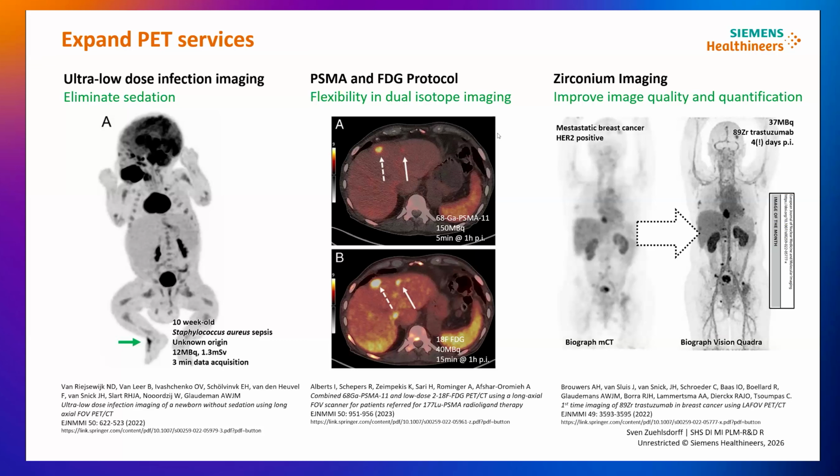So, for example, here is a protocol with PSMA and FDG, and we see here some liver metastasis from prostate cancer. And of course, you can also improve the image quality and the quantification for radioisotopes that were utilized before, but where the image quality was very, very difficult to optimize.